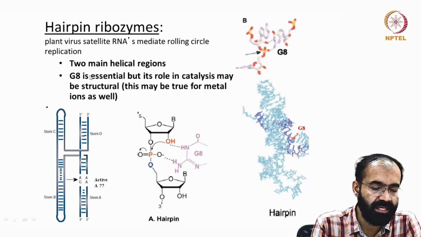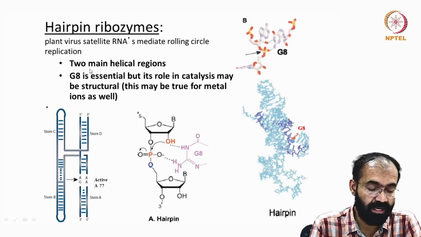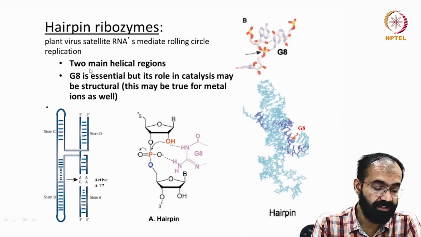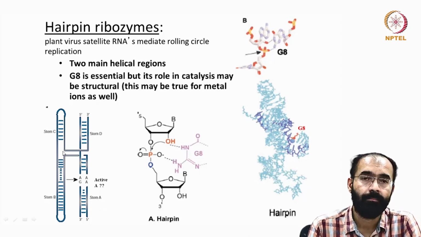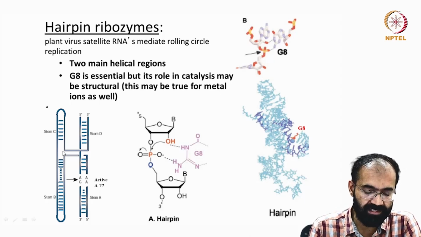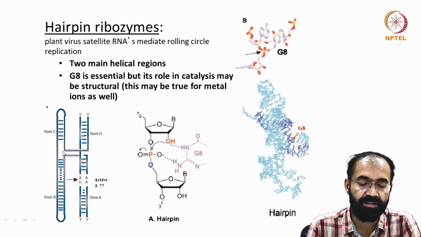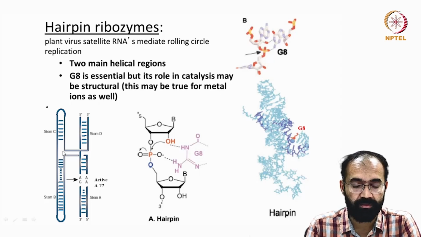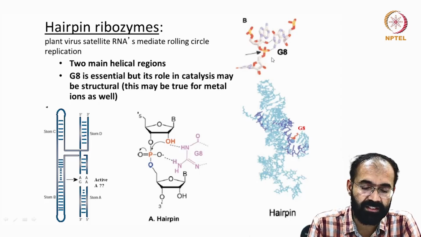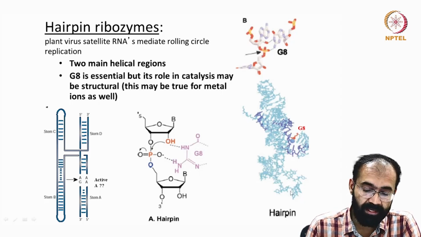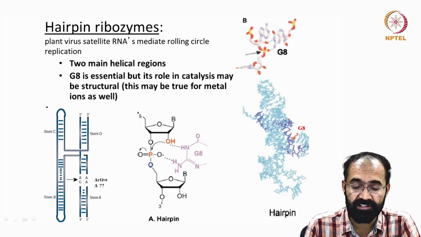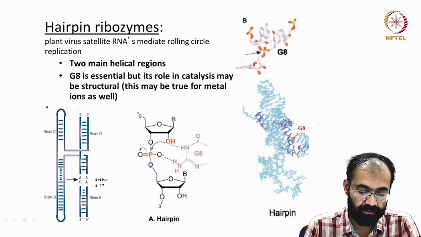In the same way, G8 in the hairpin ribozyme stabilizes the various stems, like you can see stem A, stem B, stem C, and stem D. Some specific bases give structural stability to the ribozyme. Like you can see here a region called G8, which allows the hairpin to be stabilized in such a way that the ribozyme is able to perform its task.